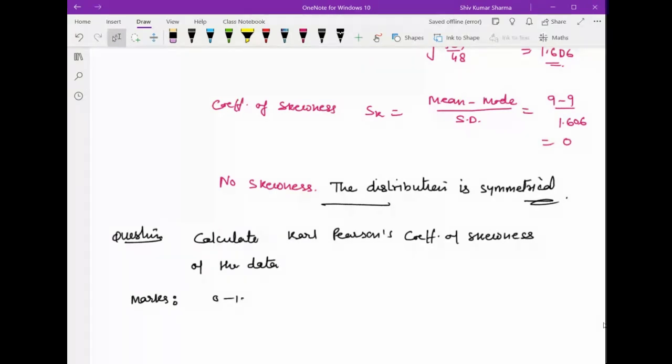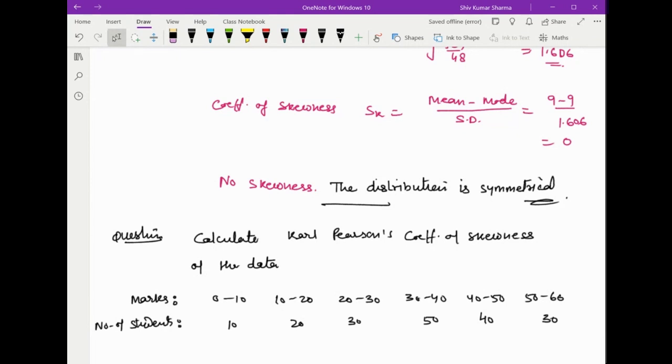Marks are given as 0 to 10, 10 to 20, 20 to 30, 30 to 40, 40 to 50, 50 to 60, and the corresponding number of students, that is frequency, is 10, 20, 30, 50, 40, and 30.